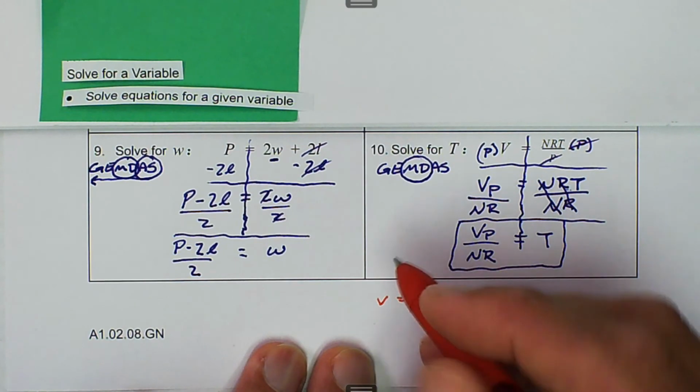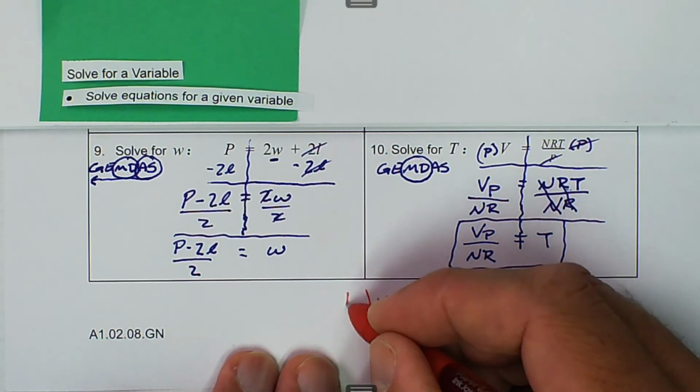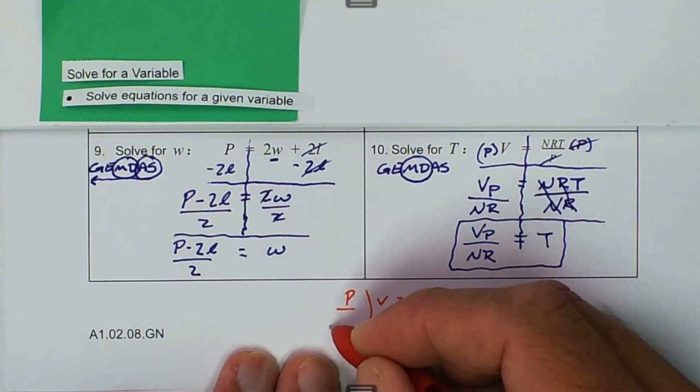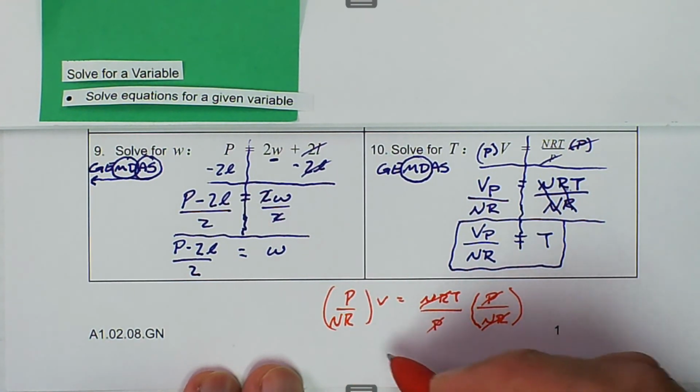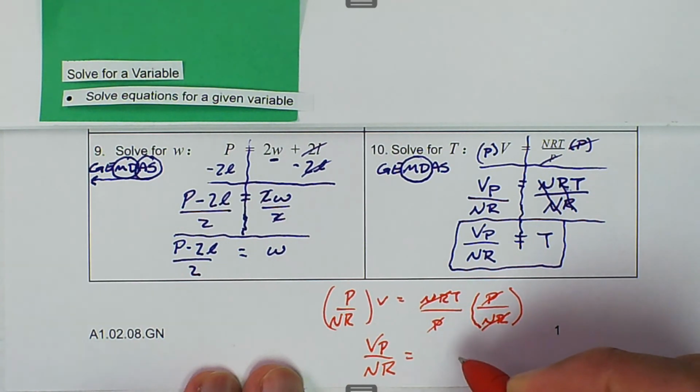Whatever I do to the right side, I have to do to the left side. And what we end up with, I'll write it the same way, Vp over nr equals what's left, just the t.